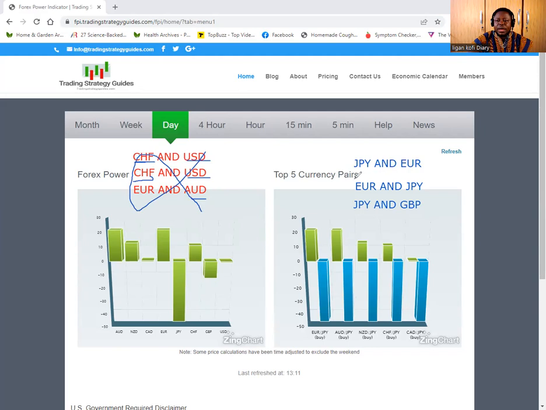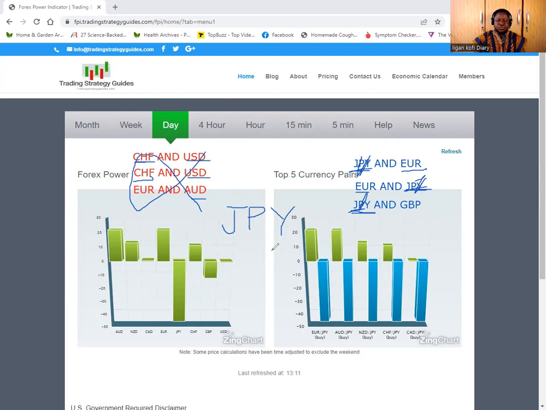Good. Let's look at the weaker side. We have JPY here, JPY here, and JPY here. Okay, good. We have Euro here and here, but we don't have Euro over here. So we have JPY running through the 3. So this week, we can possibly lay our hands on JPY as the weaker currency to watch out for.